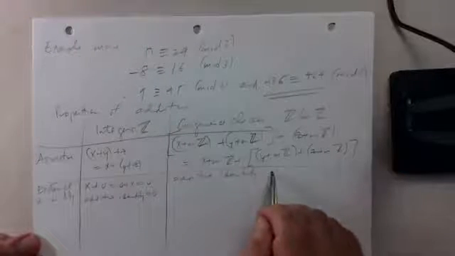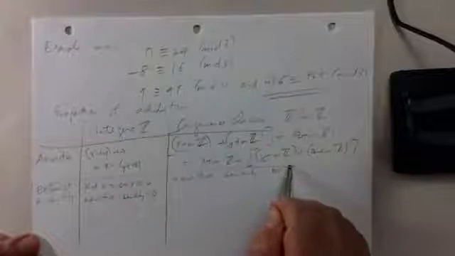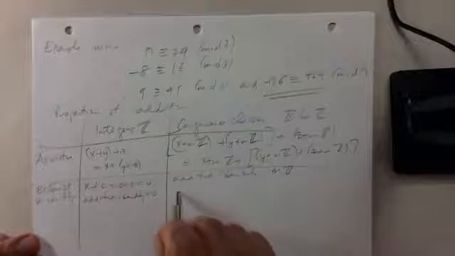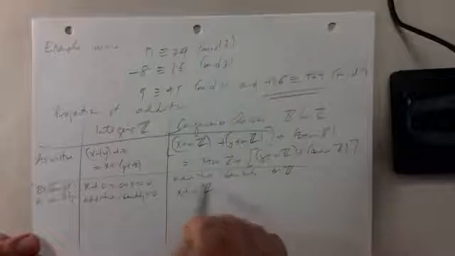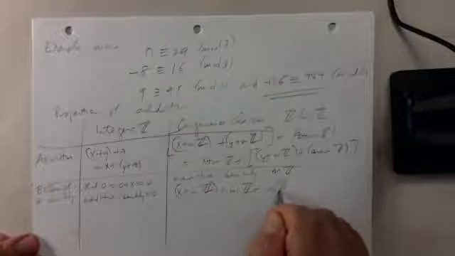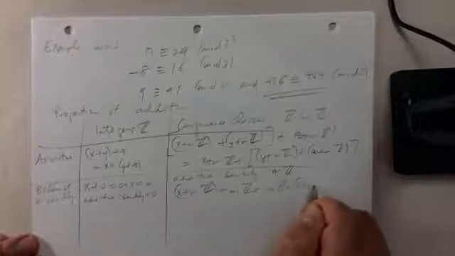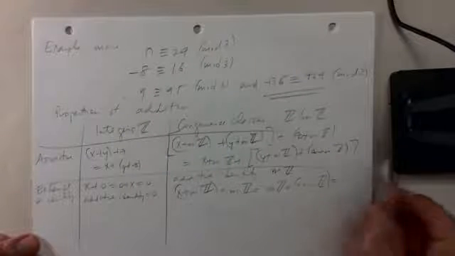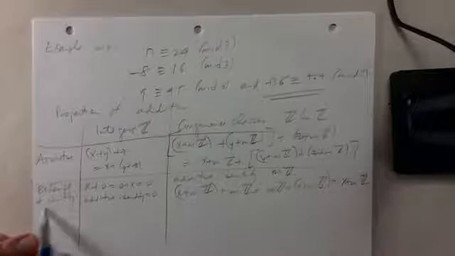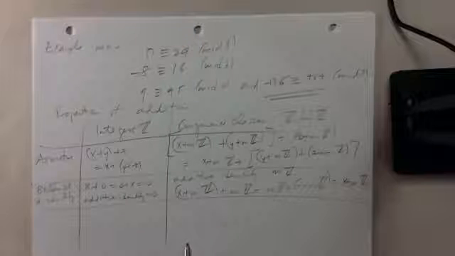It's just the congruence class 0 plus mZ, or mZ. Because if you take x plus mZ plus mZ, or mZ plus x plus mZ, you get x plus mZ for all x. So the congruence class of 0, the set of all multiples of m, is an identity in the set of congruence classes mod m.